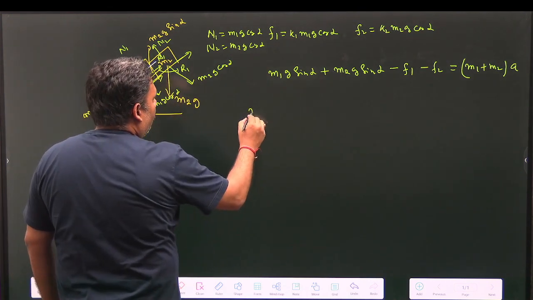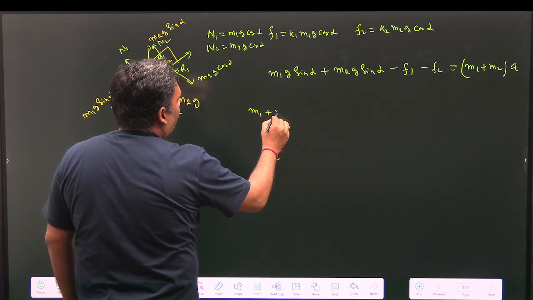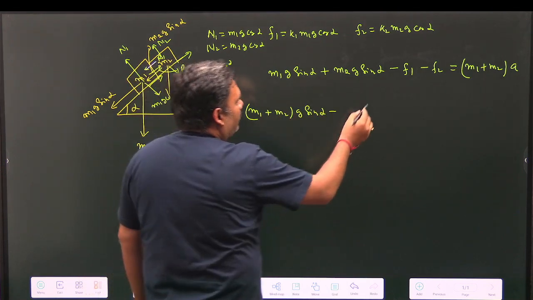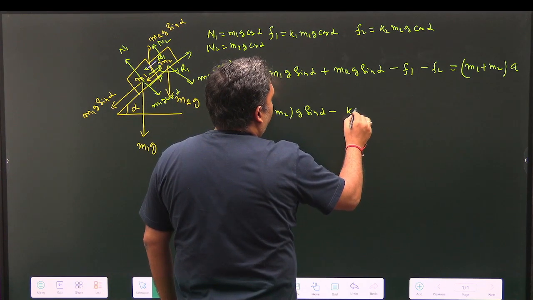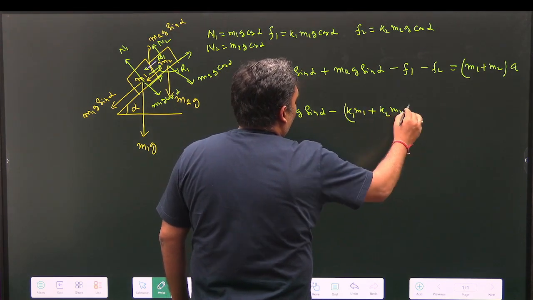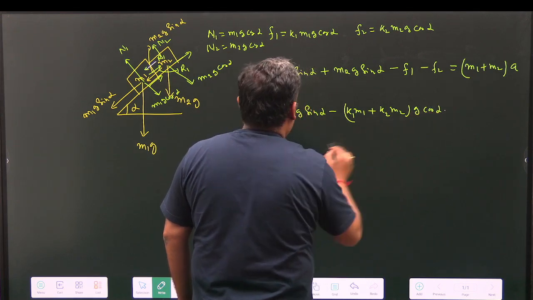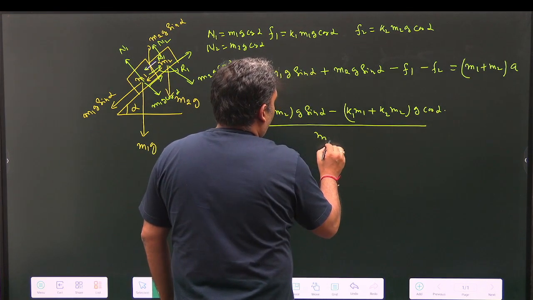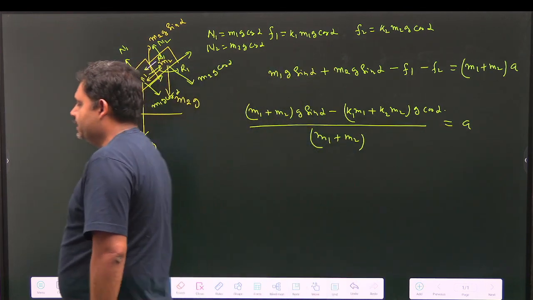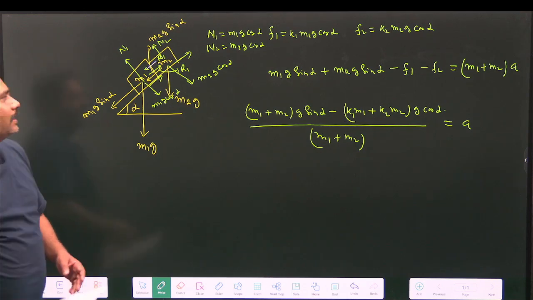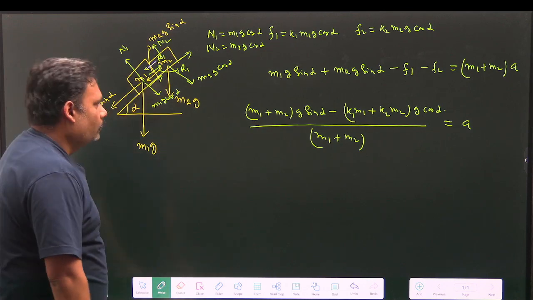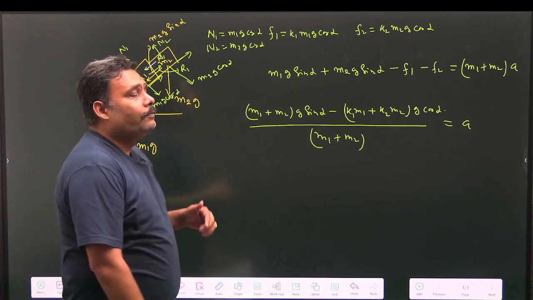So this value is equal to (m1 plus m2) g sine alpha minus (k1 m1 plus k2 m2) g cos alpha, divided by (m1 plus m2), is equal to a. So this is the acceleration of the combined body, and it is also the acceleration of mass m1 as well as mass m2.